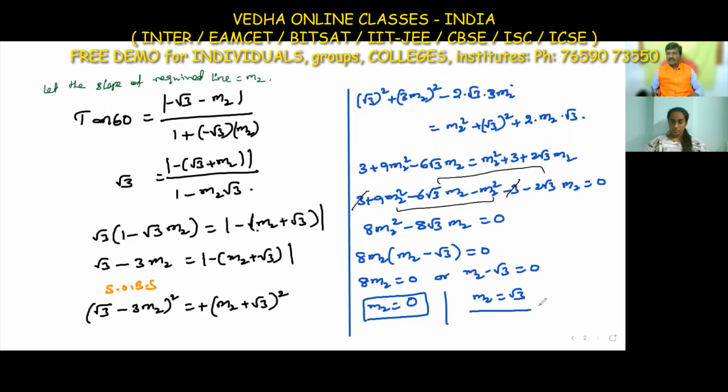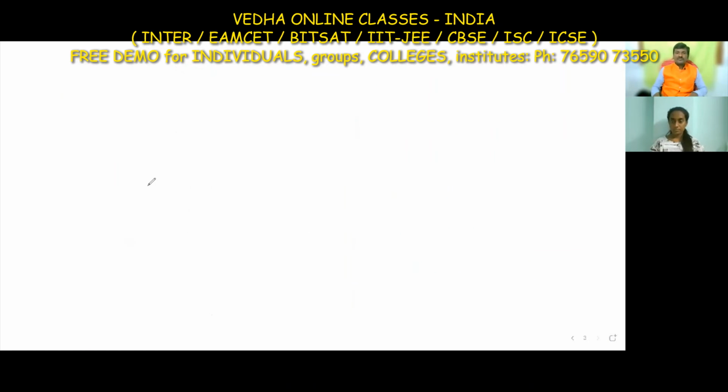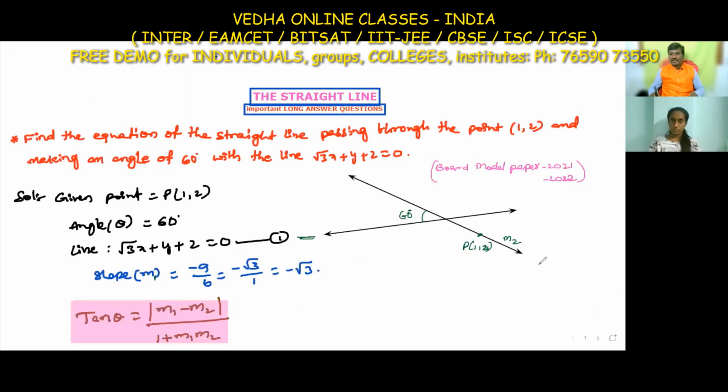Here we got the slope as well as the point. When we know the slope and point, case 1 and case 2 will simplify now. Case 1: slope m2 is equal to 0 and the point P is 1 comma 2, the given point.